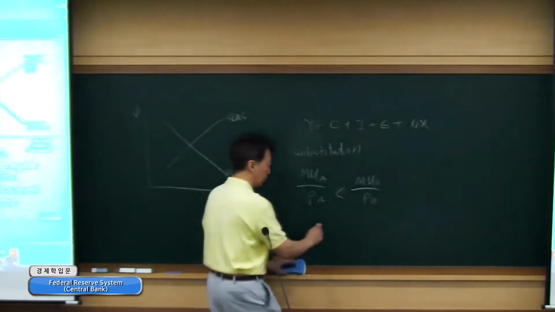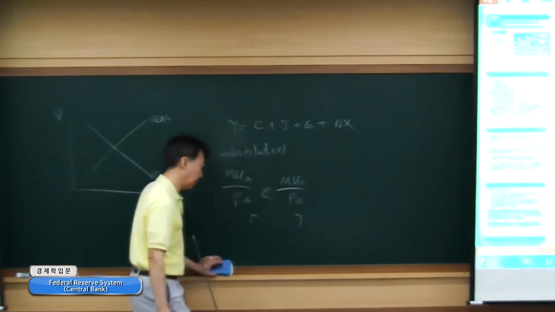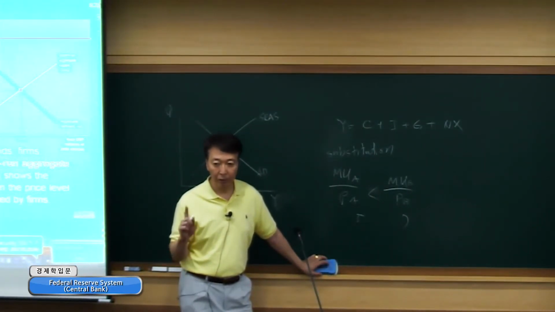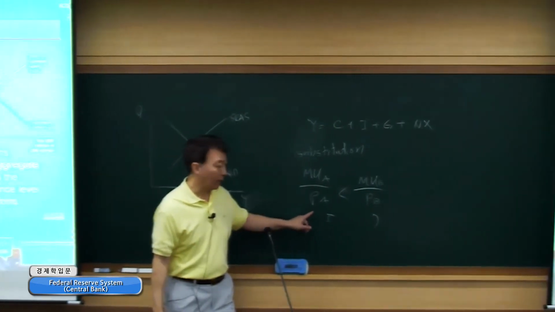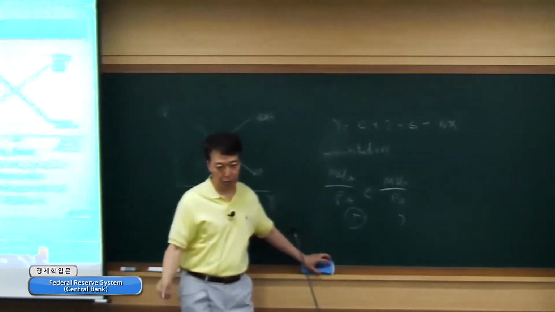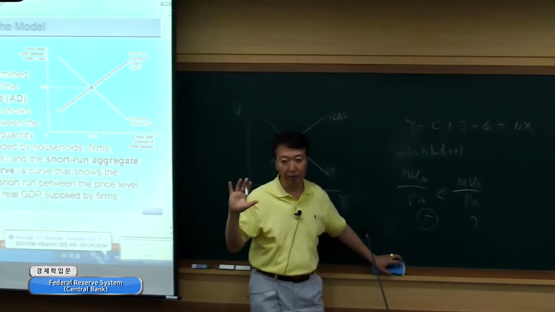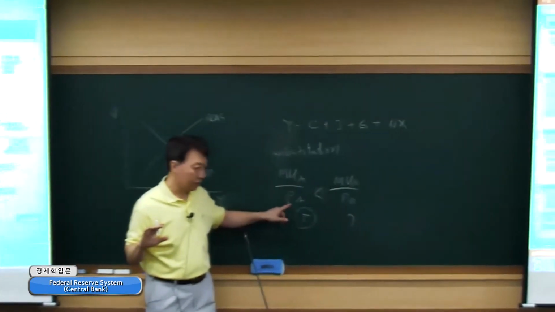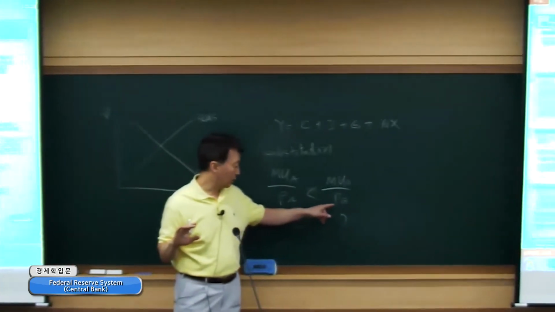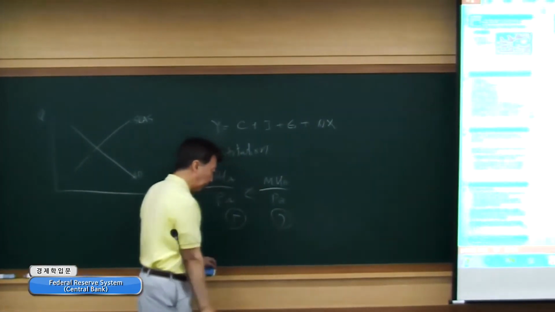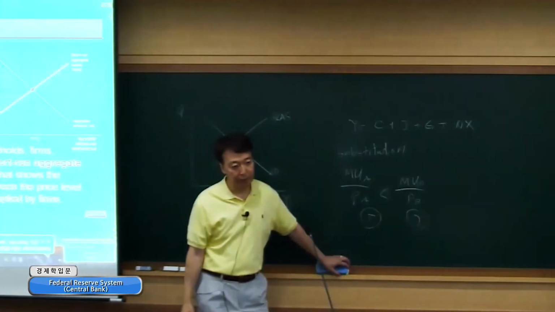Suppose this is 5 and this is 7. That means if you spend $1 less on A, you lose 5 utils of satisfaction. Your total satisfaction goes down by 5 units. But if you spend the dollar you save on B, then you receive 7 utils of additional satisfaction.